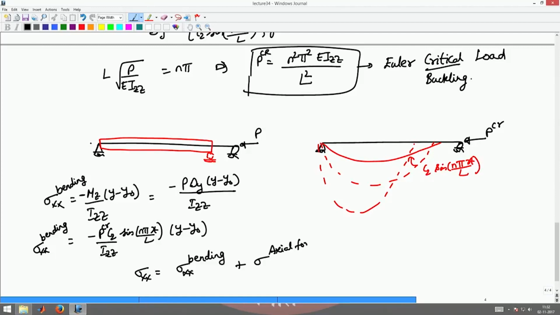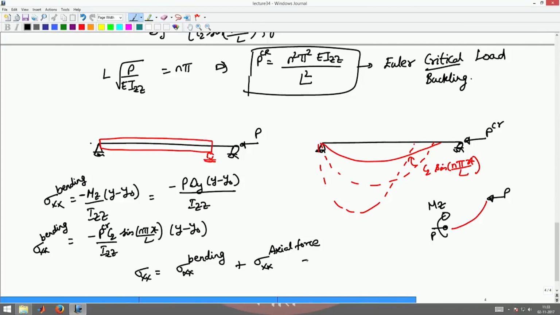There is an axial force also coming in here, because if I draw a free body diagram of this structure, I will have a net P coming in there, a net axial compression, and a moment Mz there. Due to this moment we found the stress; I have to add to that the stress caused by this axial force P. That will be P by A, where A is the area of the cross section.